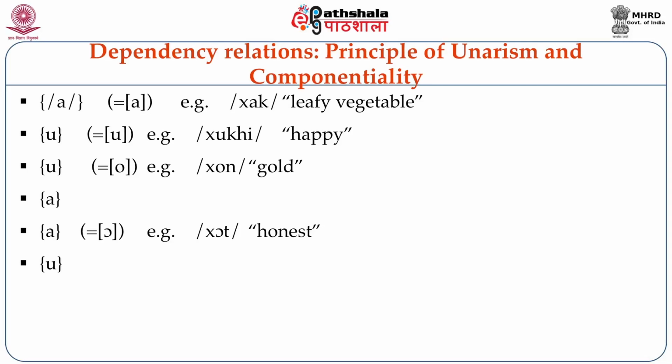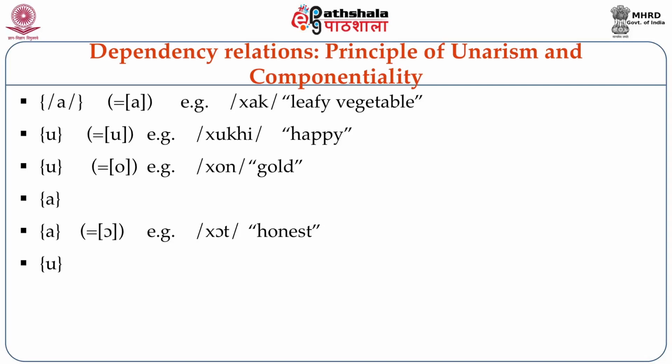So one is closer to A, isn't it? The other is closer to I. If you see the tongue movement, the position of your tongue, when you produce these sounds, it's closer in each case. So these phonetic cues are represented in dependency phonology in this way.